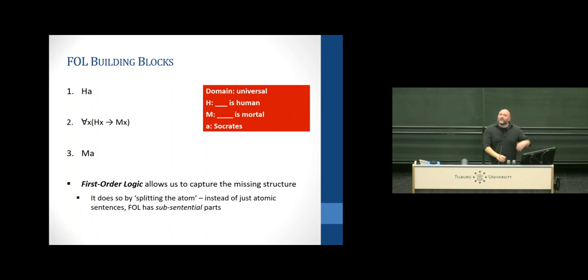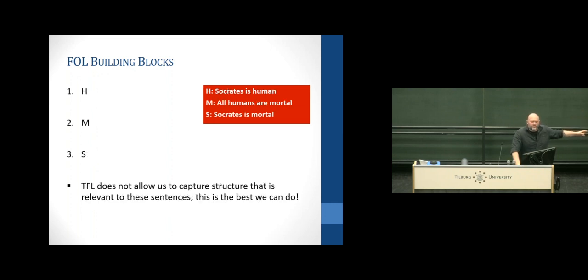But importantly, if we symbolize this argument in FOL, we could get it to look something like this. Now note, to go back a slide, just look at our first premise, right? In TFL, we symbolized it just simply with a capital letter because there's no subsentential part. It's just this immutable atomic atom.